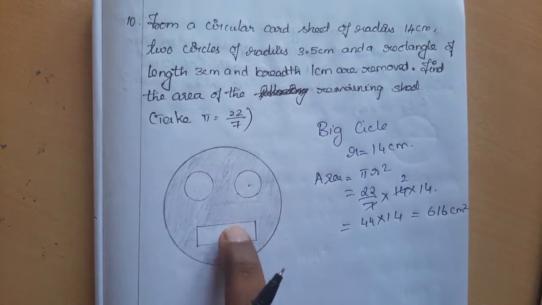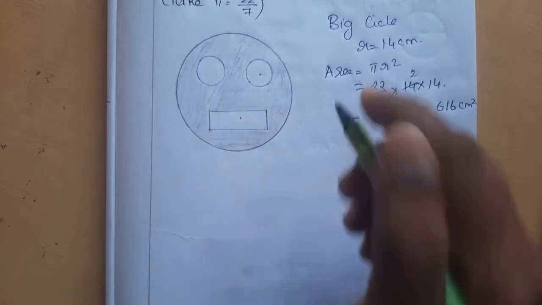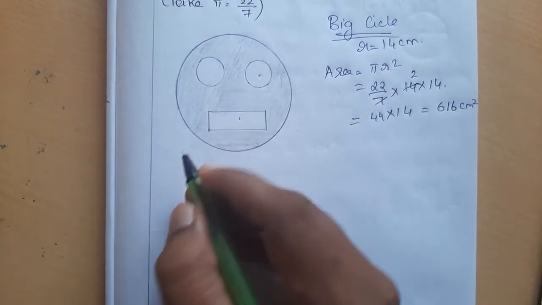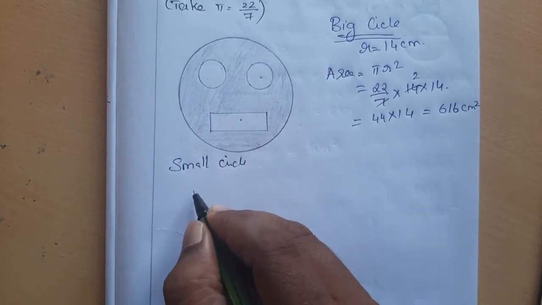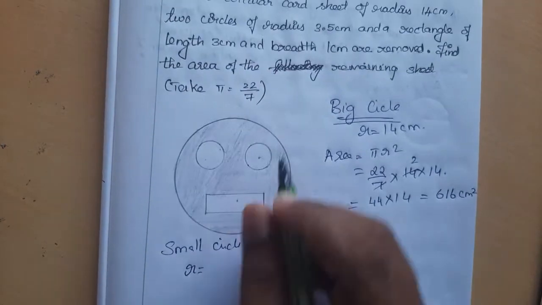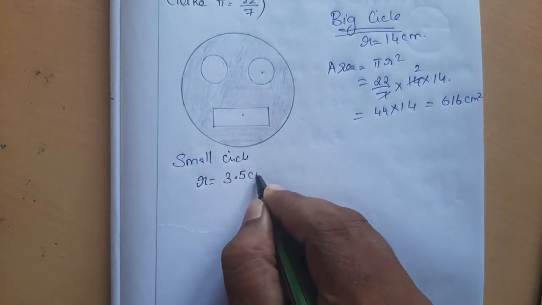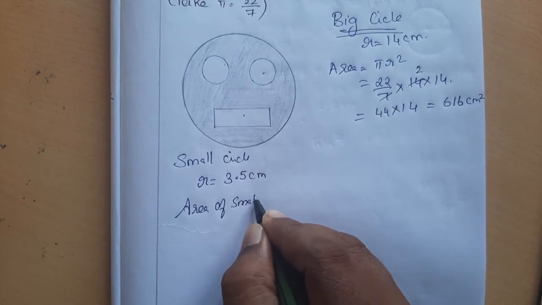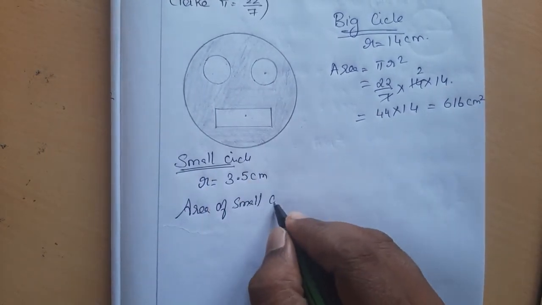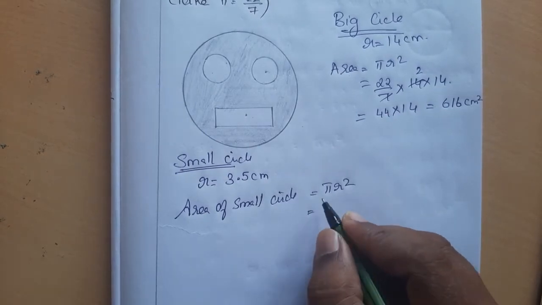So these two and this rectangle are removed, right? So we have to subtract this. First we have found the big circle. Let me find a small circle. The small circle radius is given as 3.5. So area of the small circle is pi r square.